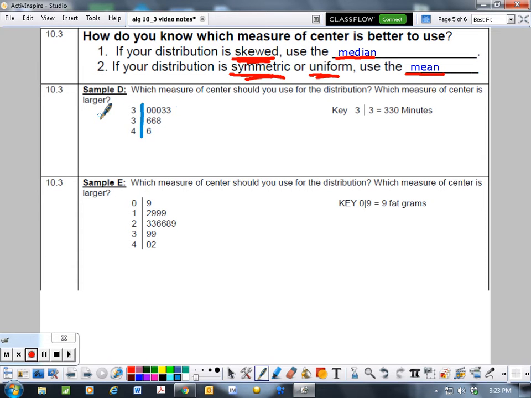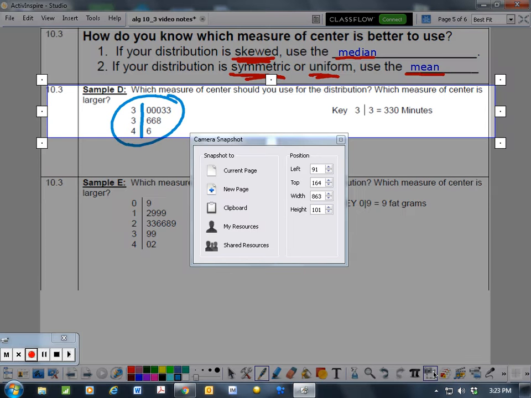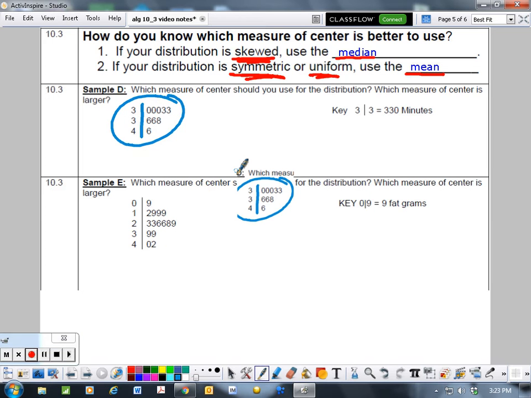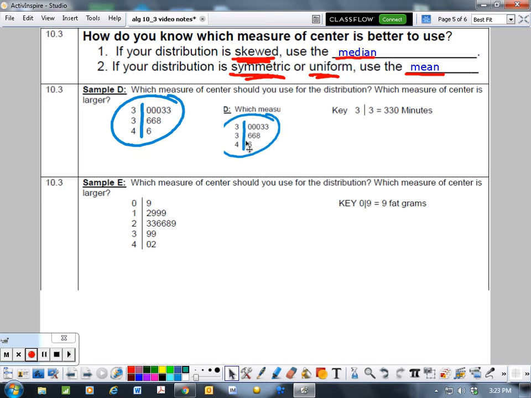So this kind of needs to get turned. So let me take a picture of this. And let's turn this so we get an idea of how we're going to turn our paper to look at it. So here's that same picture, and I'm going to turn it so it looks like this.